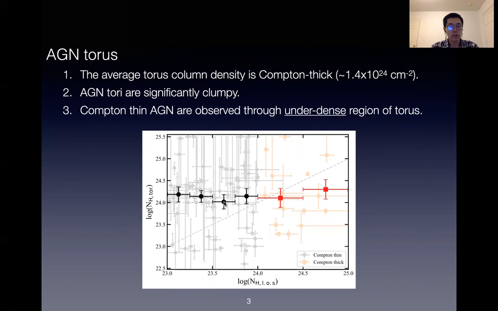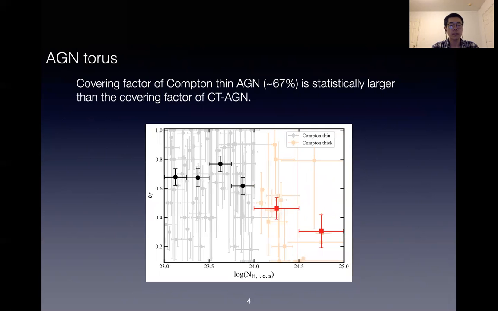We also find Compton-thin AGN are always observed through an underdense region of the torus. Most of the Compton-thin AGN have their line-of-sight column density much smaller than their torus column density. However, the Compton-thick AGN are always observed through the overdense region of the torus.